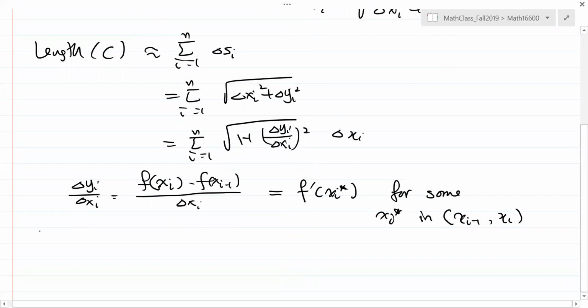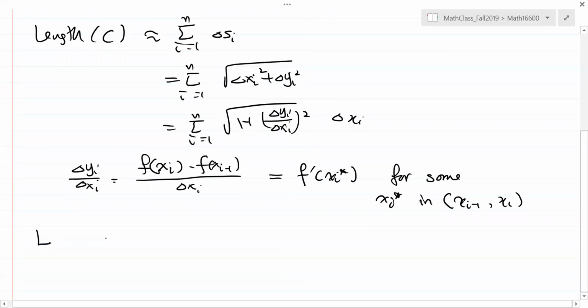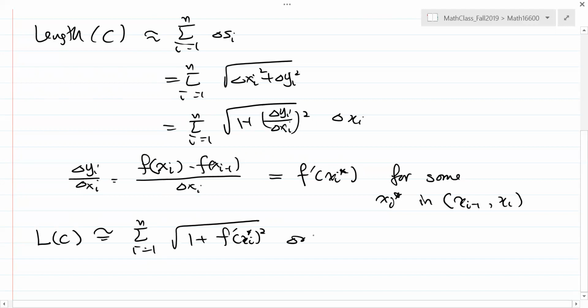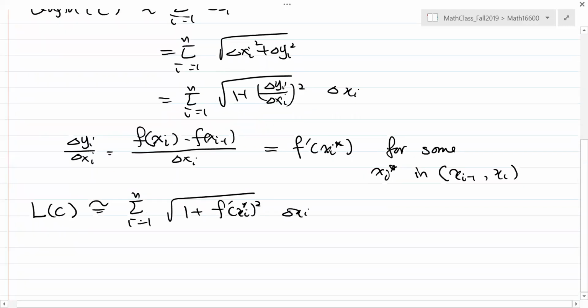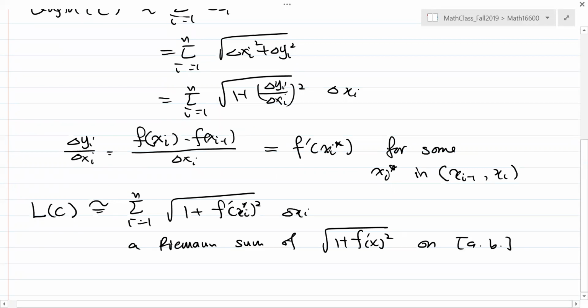Then the length of the curve is approximated now by the sum of the square root of 1 plus f prime of xi star squared, times delta xi, and this is a Riemann sum of the function square root of 1 plus f prime x squared on the interval from a to b.